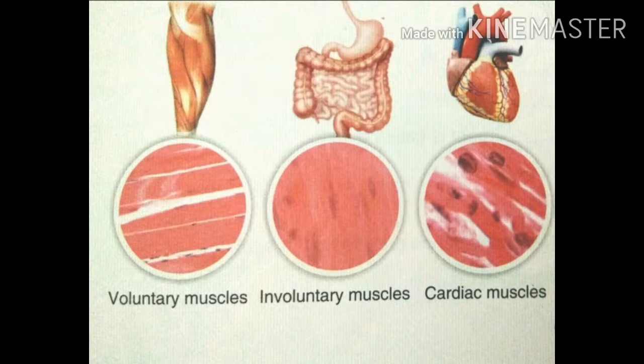Muscles of the heart, stomach and eyes are involuntary muscles.